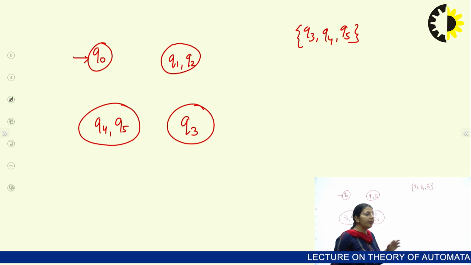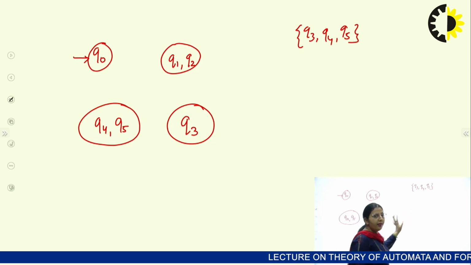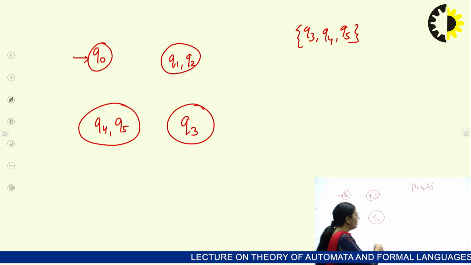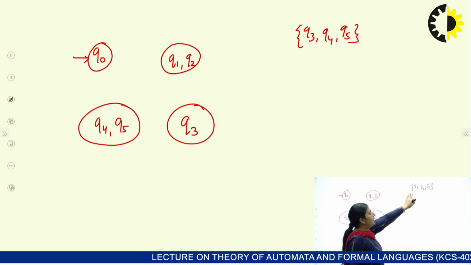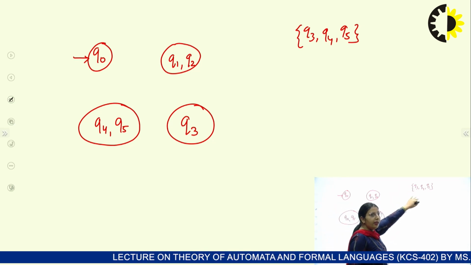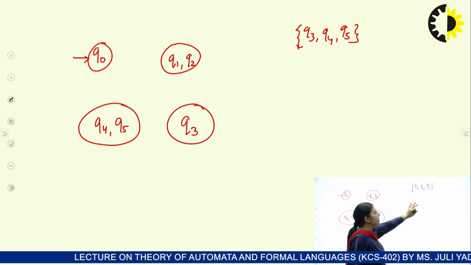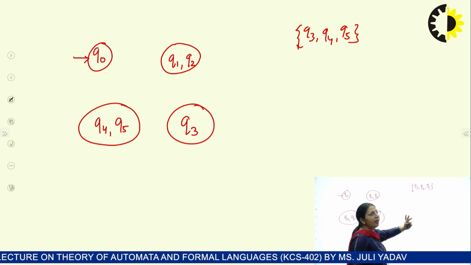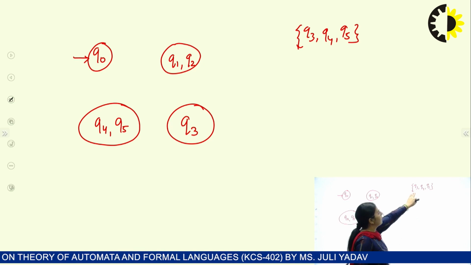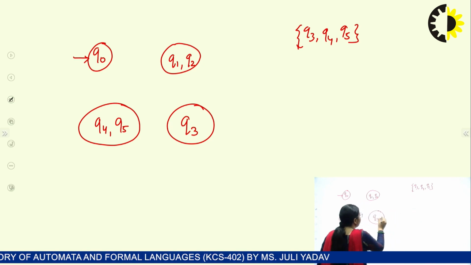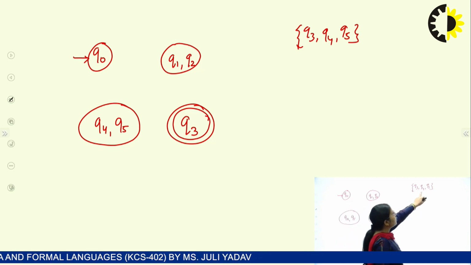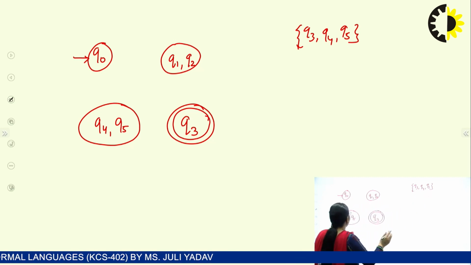We have to check which sets these states lie in. Q3 is an individual state, and it was a final state in the DFA before minimization. So we mark Q3 as a final state, and another one is Q4, Q5, which are clubbed as one state.